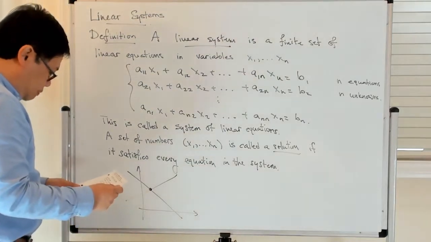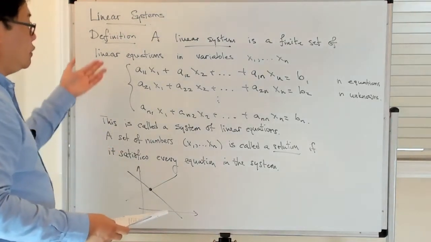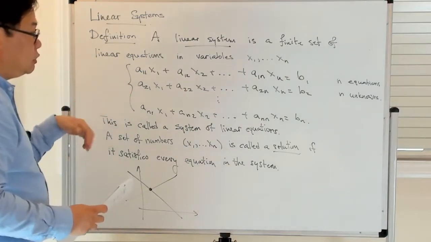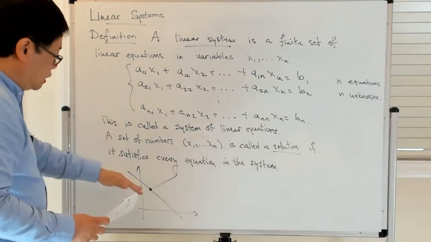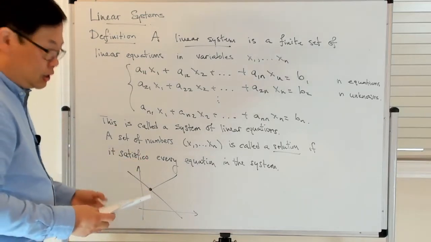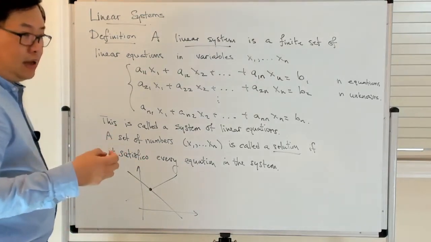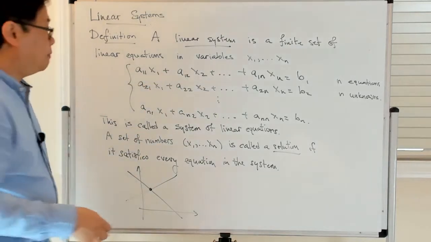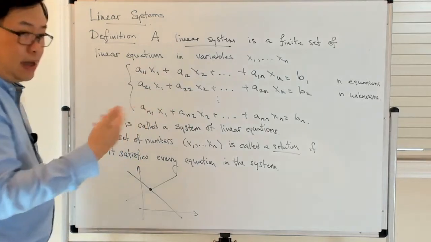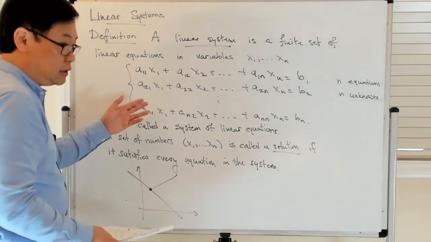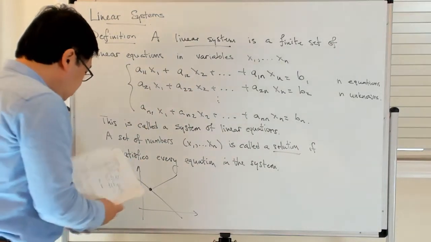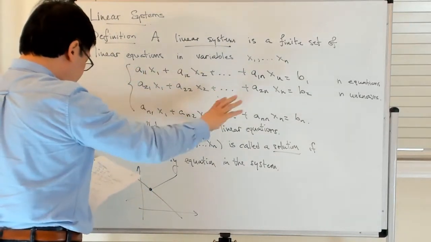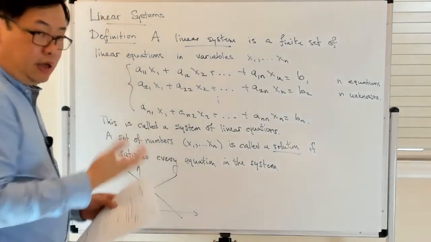But generically speaking, if you take n equations in n unknowns, then there will be a unique intersection. What I mean by generically is that if you were to jiggle the coefficients a little bit, there will generally be a solution of that system.